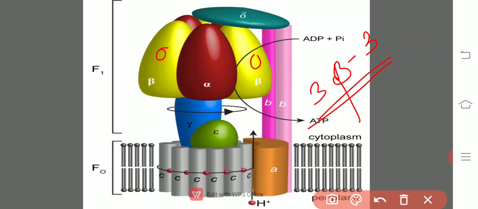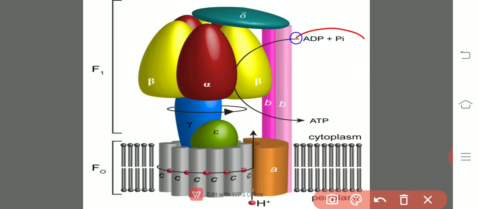It is where the conversion of ADP into ATP takes place. That is the site where the synthesis of ATP is actually going on. Each and every beta subunit contains a catalytic site where ATP synthesis takes place.